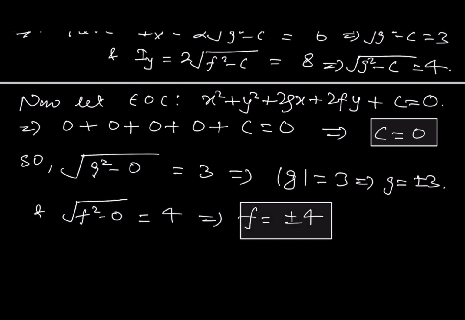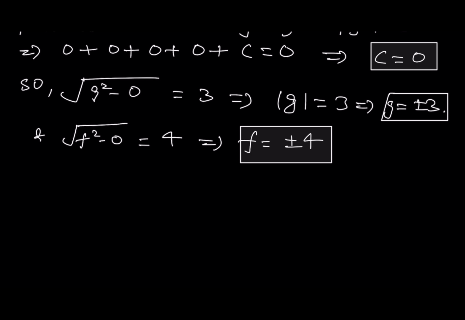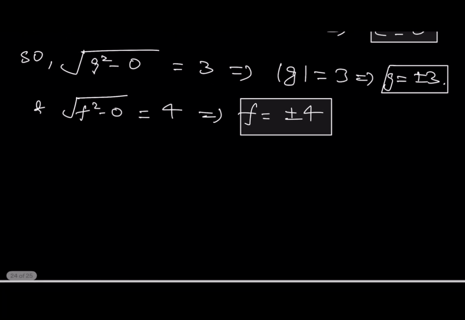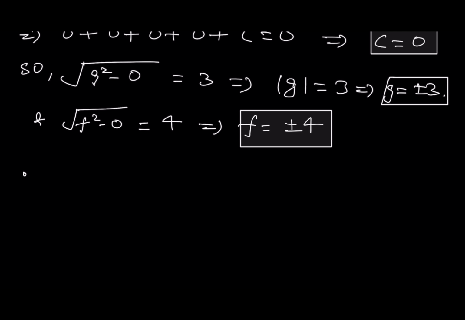These are f and g. So for having equation of circle, what we required? We required g, f and c. So here we have all these three. Therefore equation of circle becomes x square plus y square plus minus 6x plus minus 8y is equal to 0.